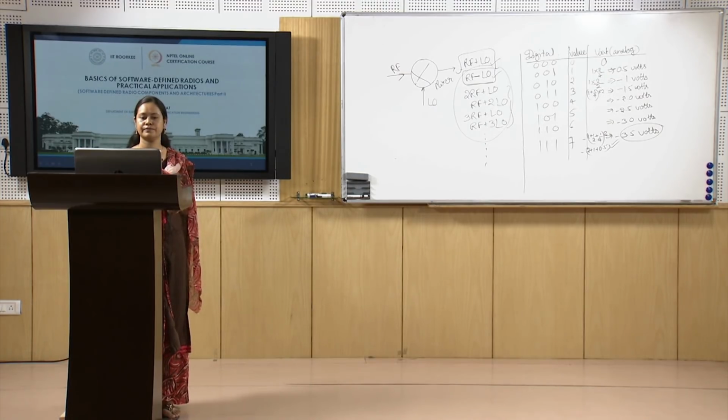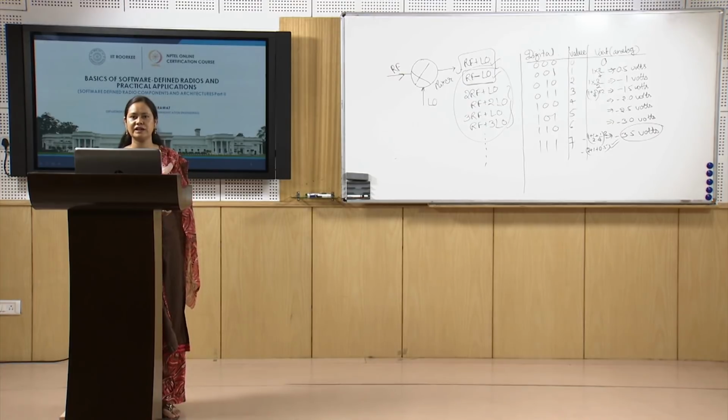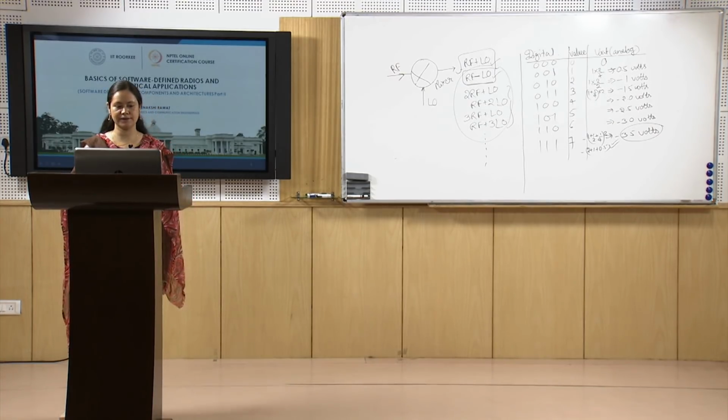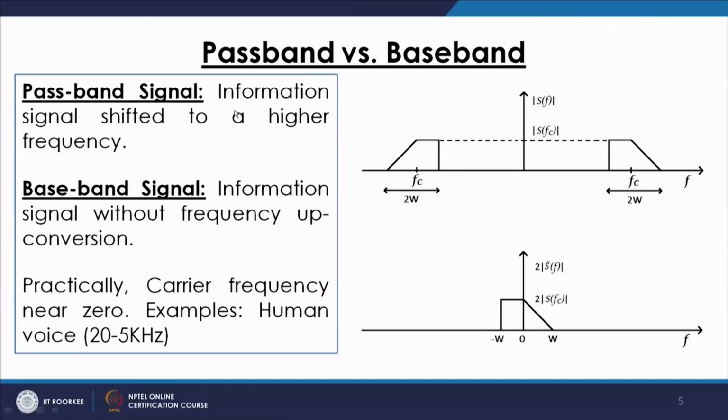Now based on the up conversion, down conversion process, there are a few definitions in the literature which are used continuously. For example, a passband signal is a signal which is at the higher frequency range. In this, the same information is shifted to a higher frequency. So this carrier frequency FC is being shown, it is the passband.